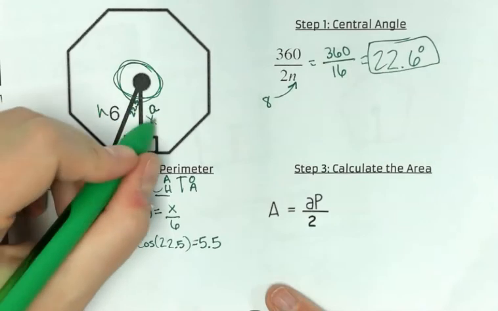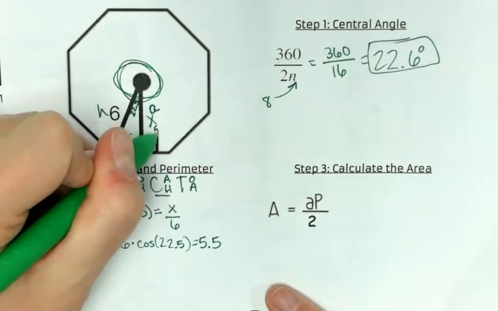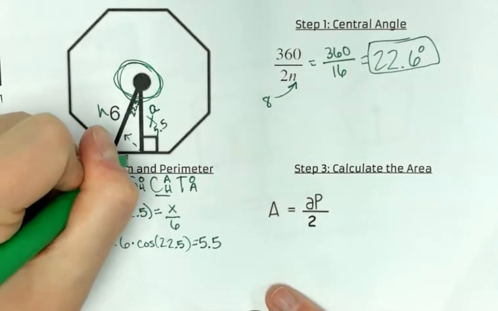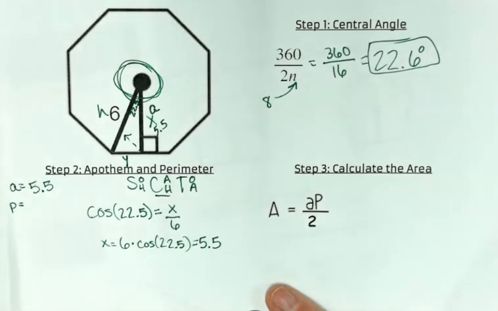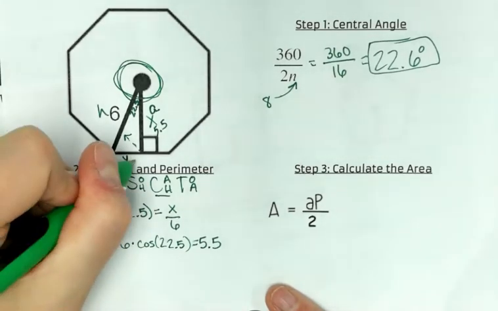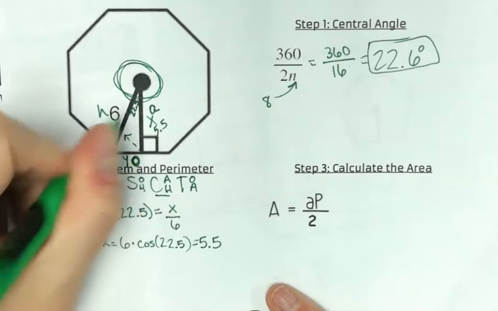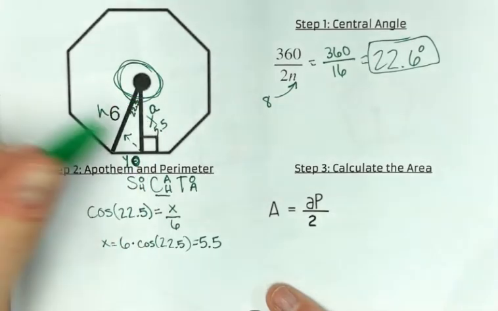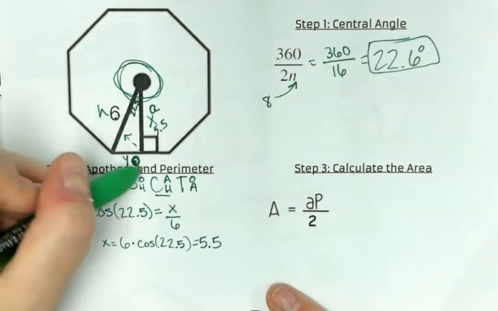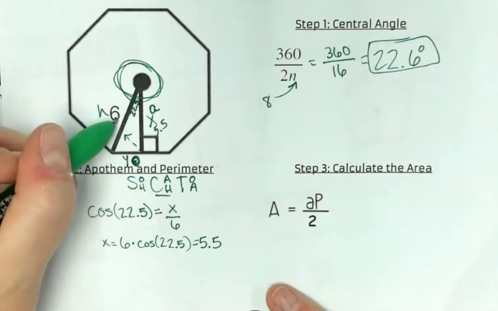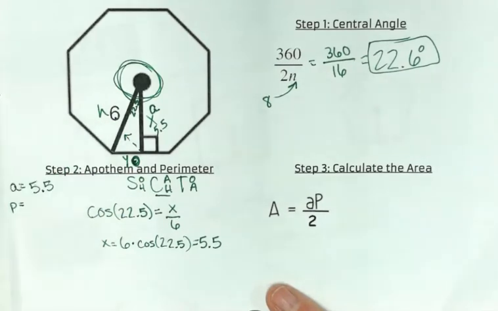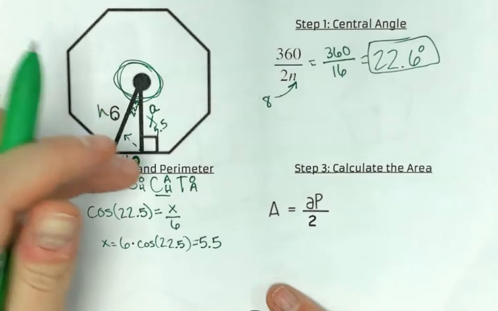So now we know that this side is 5.5. This is now, I'm going to call it y, what we're solving for. So y is your opposite side from this angle. So now we have O and H. And I would suggest use this number because that is a whole number. It's not rounded, so your answer is going to be more accurate.